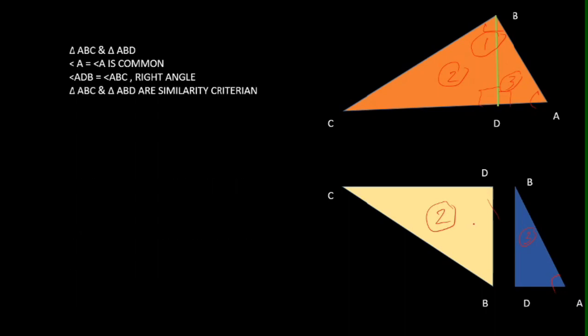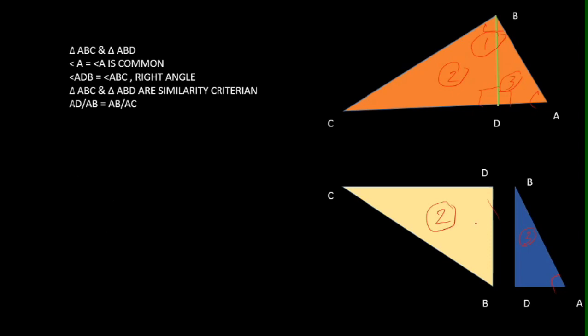So we take triangle ABC and triangle ABD. Now you see here the angle A and here the angle A are actually the same. Again the angle ADB and the angle ABC, these two angles are actually right angles or 90 degrees. So we can say triangle ABC and triangle ABD satisfy the similarity criterion.